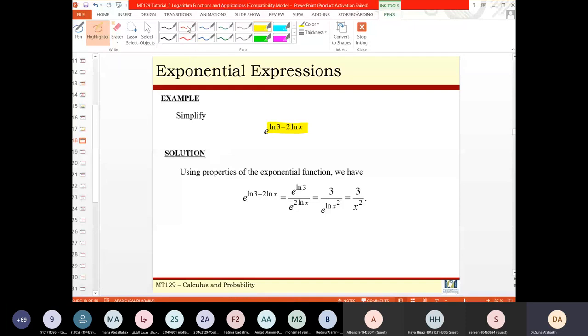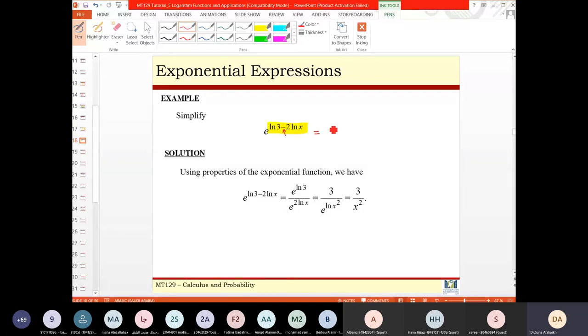Now I know that whenever I have a power with a subtraction, it comes from division, right? When it's division we subtract the powers, and when it's multiplication we add the powers. Since there is subtraction, originally it was a division.